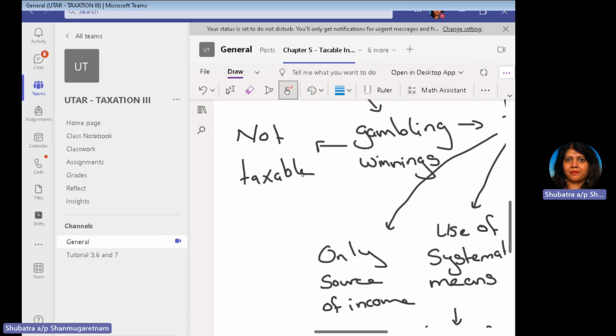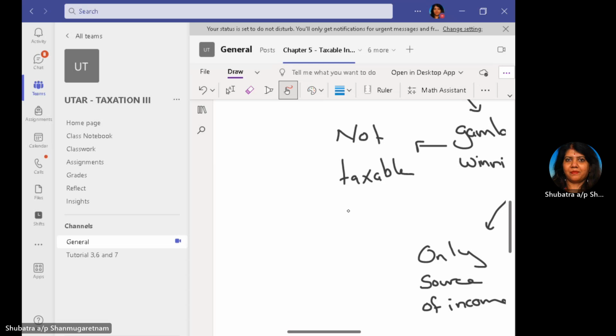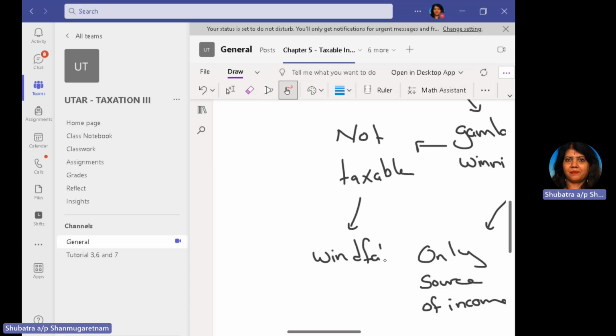Now, gambling winnings will not be taxable if it is a windfall. So if it is luck, you buy a lottery ticket, you're lucky, you win, then it's not taxable.